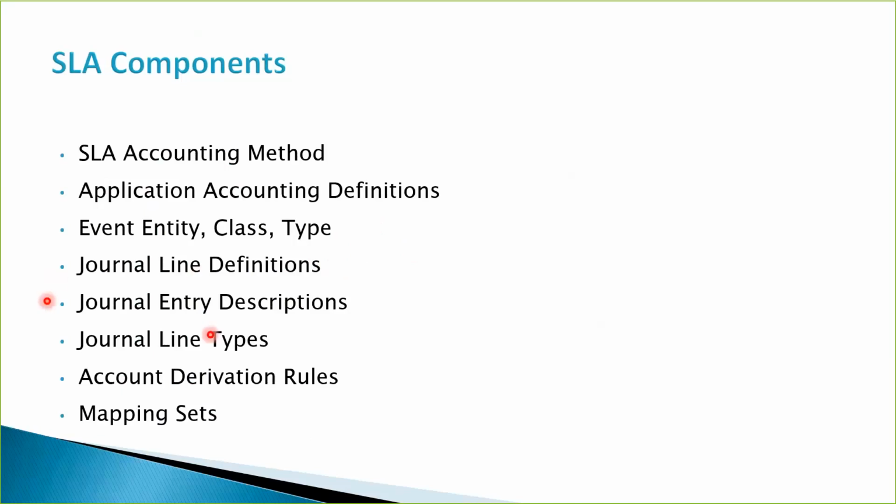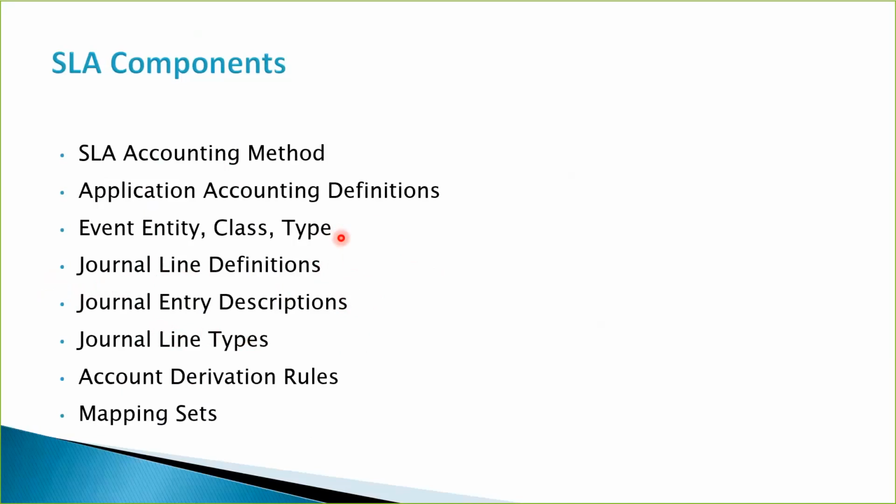Let's go down to journal entry descriptions. Journal entry descriptions can be part of journal line definitions, or we can also think of them as separate entities which we can attach to an event type. The entry descriptions that we attach to the event type are usually assigned at the header level.